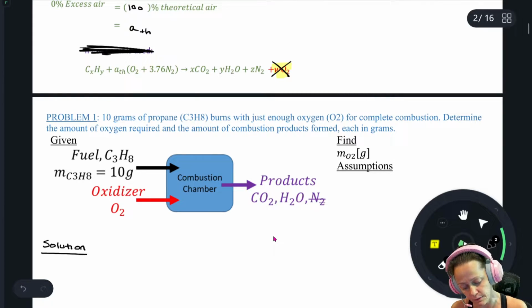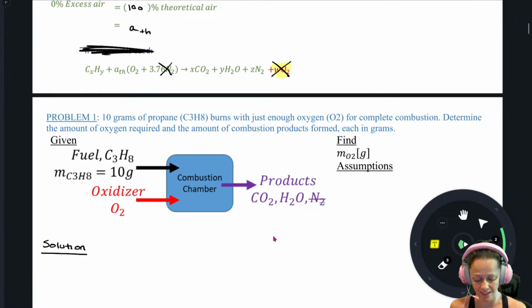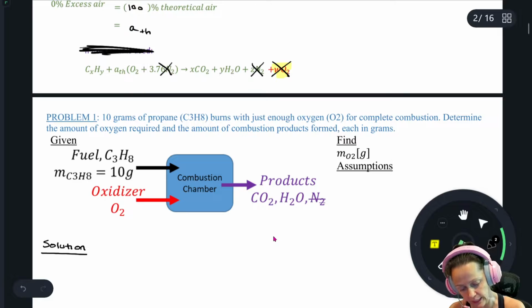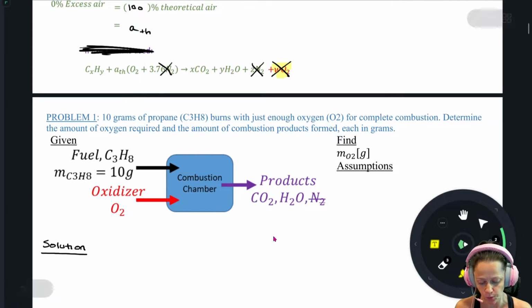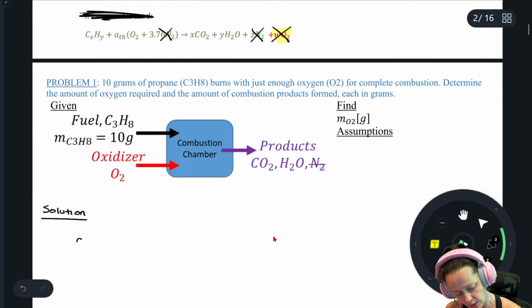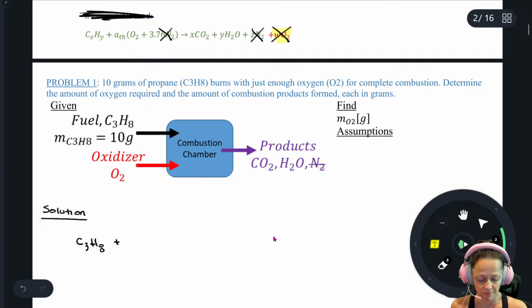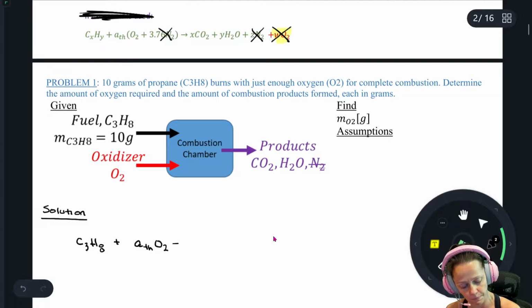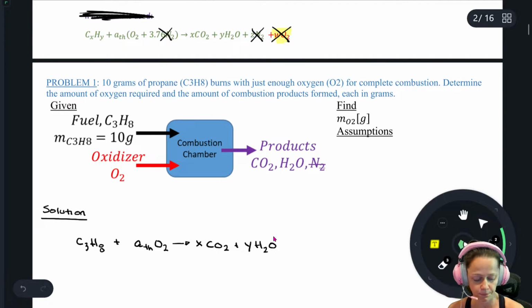But instead of having nitrogen here in our oxidizer spot, that's not going to be there anymore. And of course, you won't have any nitrogen here either. So what it's going to look like is you've got your C3H8 plus some amount of oxygen. That's going to give you some amount of CO2 plus some amount of water.